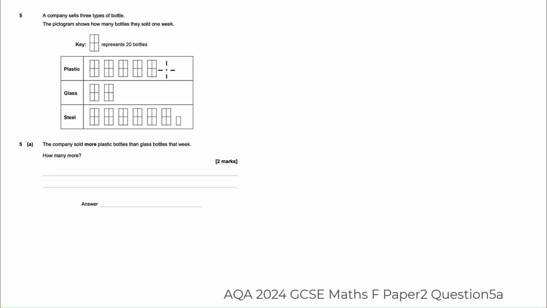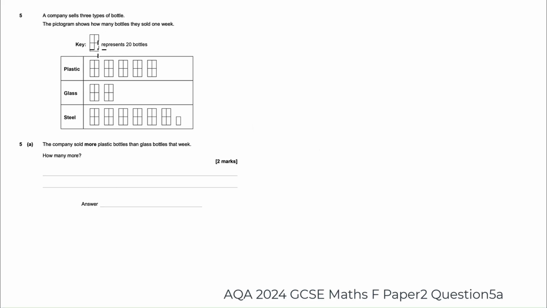Here's question 5. We're told that a company sells 3 types of bottles. There's plastic, there's glass, and there's steel. And this diagram represents the sales they've made during the course of 1 week. Now, to understand this diagram, you have to look at the key.